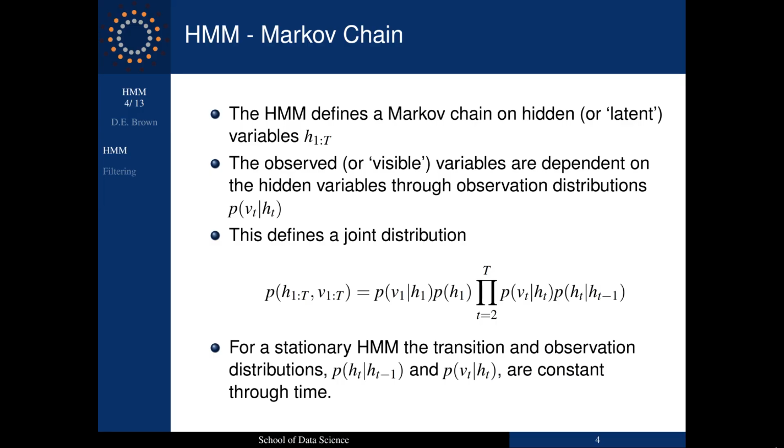We denote these as the probability of h of t given the hidden state h of t minus 1 that occurred before it, and the probability of a visible variable v of t given that hidden unit at time t. Those are constant over time.